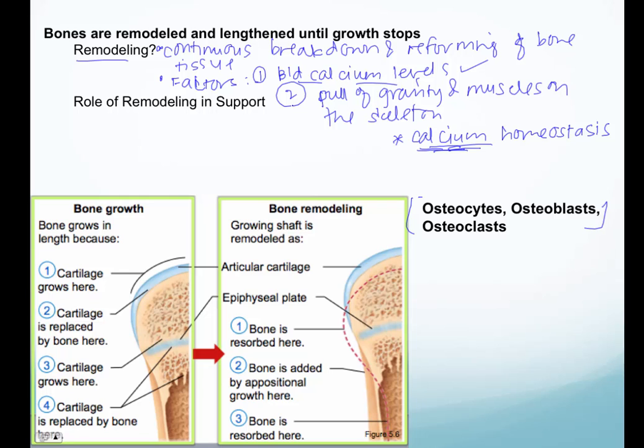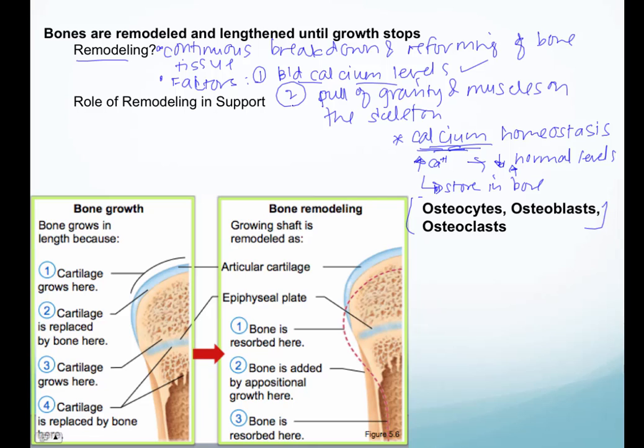Well, no, we want to store it. So anytime you have high calcium levels within your blood, to reduce it to normal levels, we're going to store it in the bones. And then eventually we get those normal levels once again.